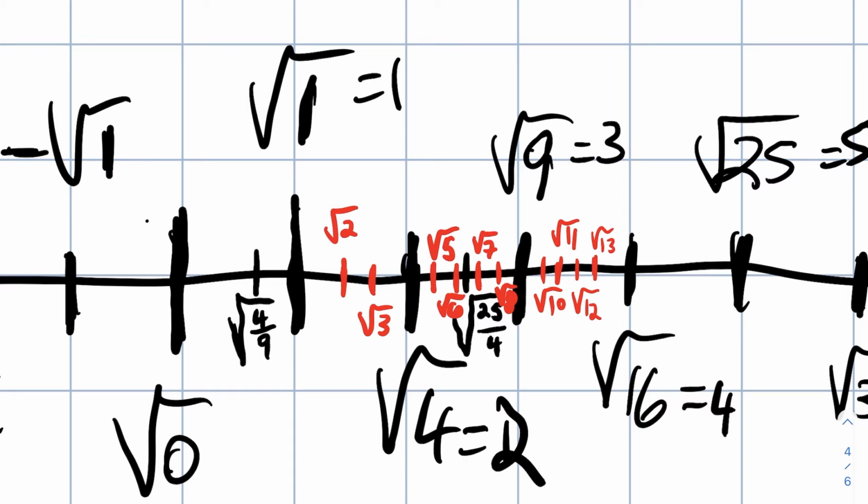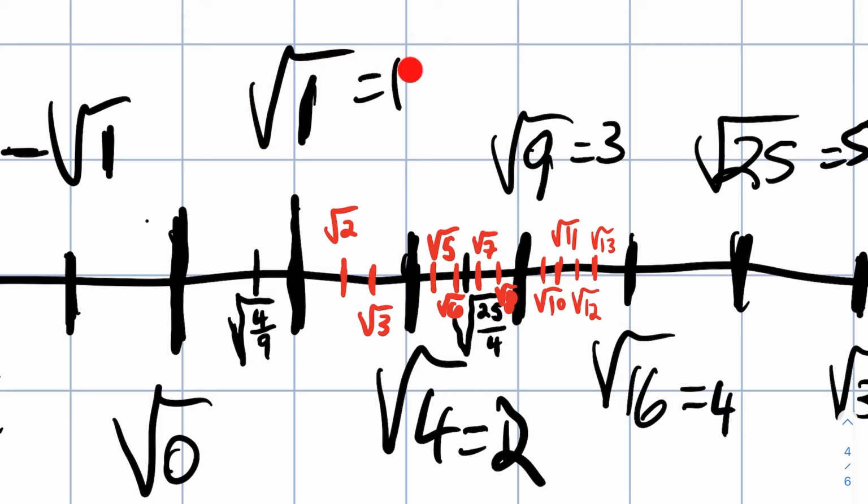Those square roots are not going to give us whole numbers. They're not going to give us countable numbers. They're not numbers that you can count to. So the square root of 2 and the square root of 3 are called irrational numbers. Those are numbers that are not countable. They're irrational.